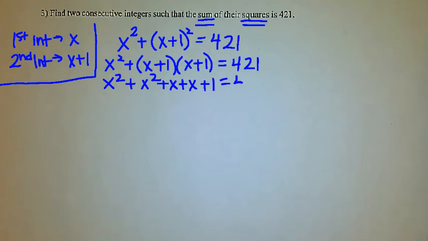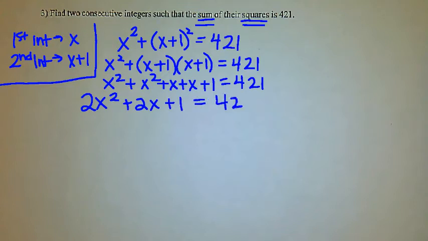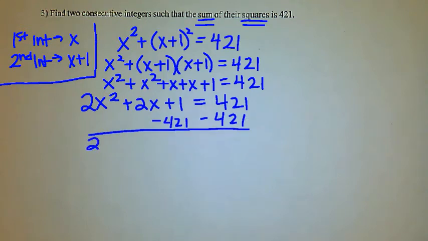Again, that's just FOIL. Combine like terms, so I'm going to get 2x squared plus 2x plus 1 equals 421. So let me subtract that. Okay, so I get 2x squared plus 2x minus 420 equals 0.